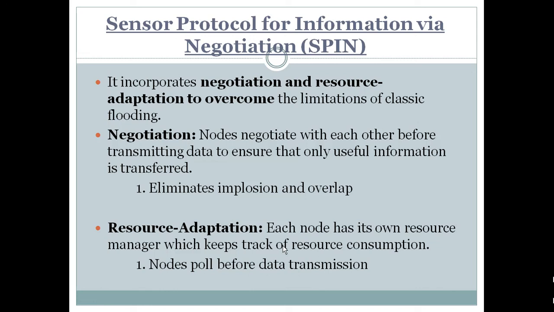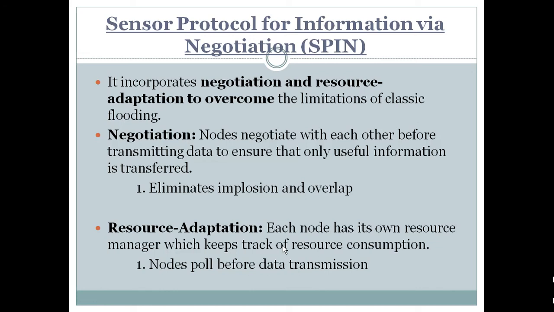Now, first of all, let's see what negotiation and resource adaptation mean. Negotiation means the nodes negotiate with each other before transmitting the data to ensure that only useful information is transferred.